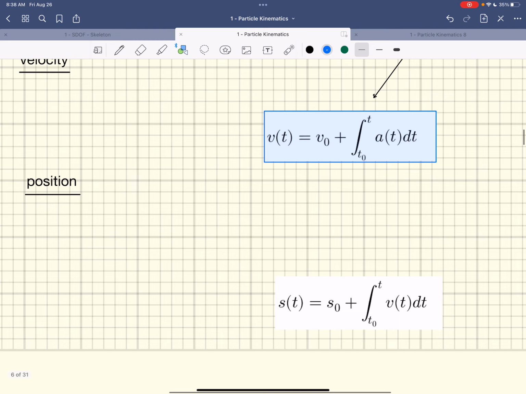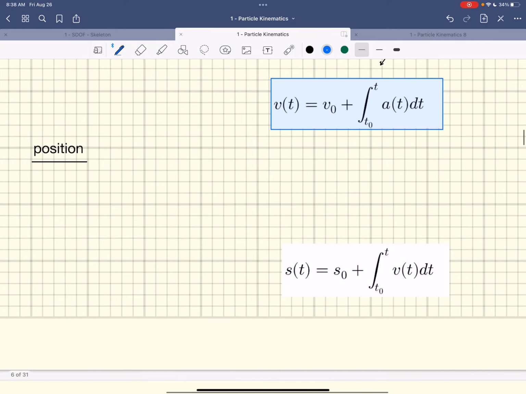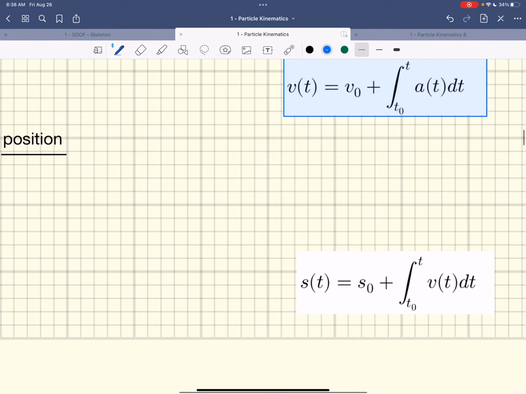If you want to go from velocity to position, that's our next step. We do the same type of procedure here. We say v of t is equal to ds dt. Same thing. I put the dt over with the v, so v of t dt is equal to ds.